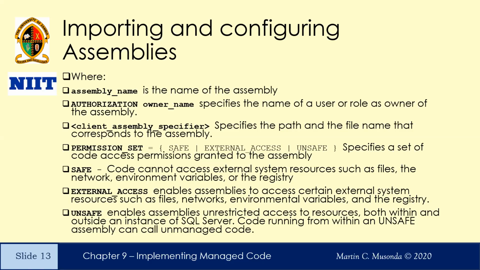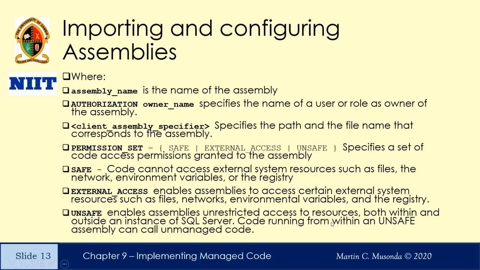EXTERNAL_ACCESS enables assemblies to access certain external system resources, such as files, networks, environment variables, I made a mistake there, and the registry. The last one is UNSAFE. UNSAFE enables assemblies unrestricted access to the resources, both within and outside an instance of SQL Server.